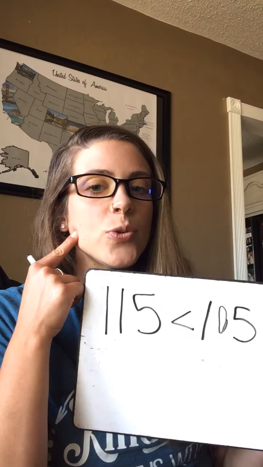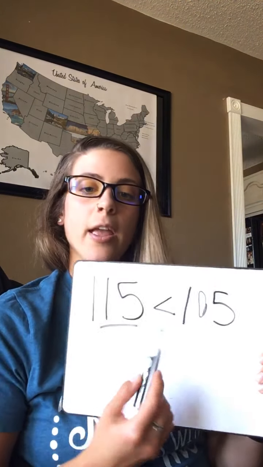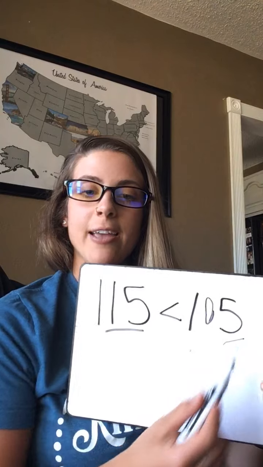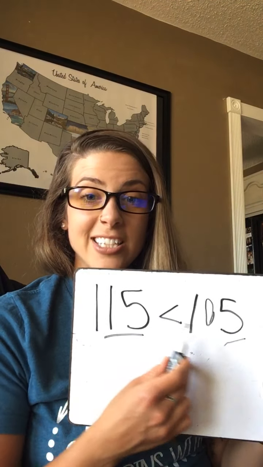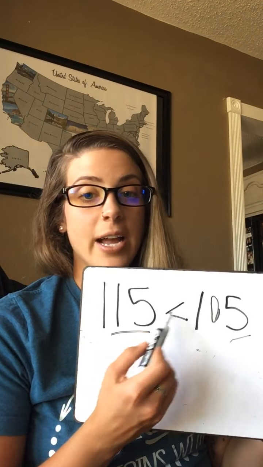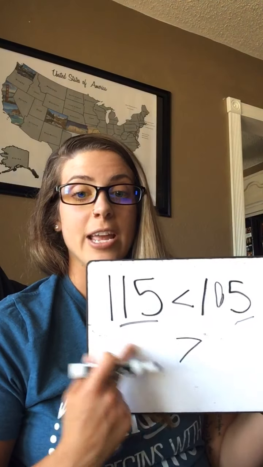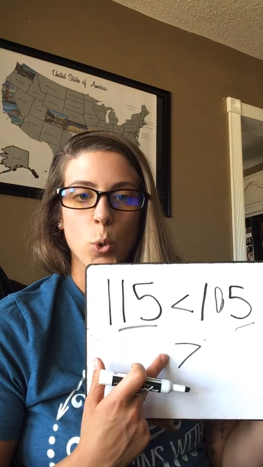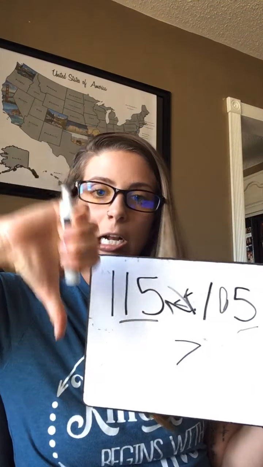Or you can even listen to it and hear 115 and 105. You can even think about it that way, 15 and 5. Is 15 less than 5? Nope, this one's bigger, so this is not correct. It should have been that sign, greater than, because 115 is greater than 105. So that one's not correct.